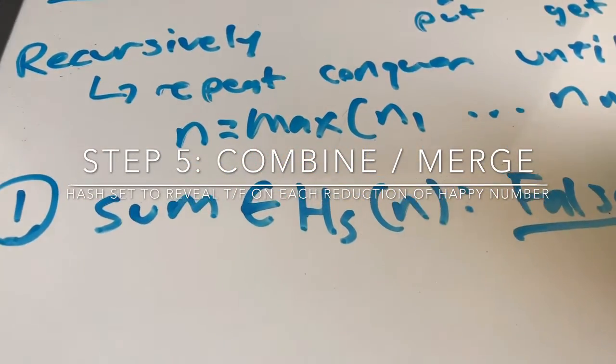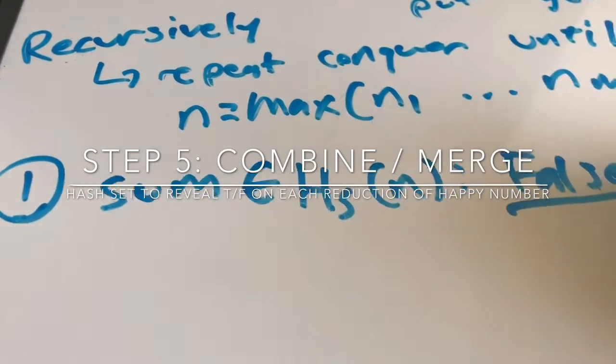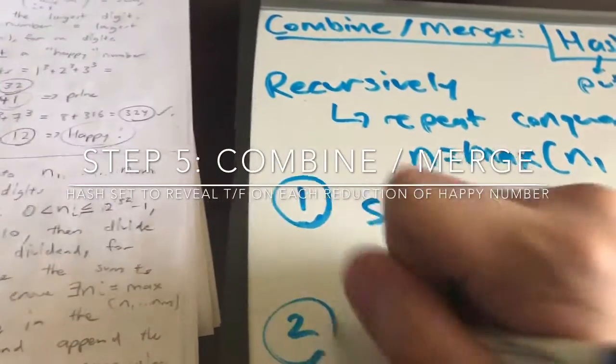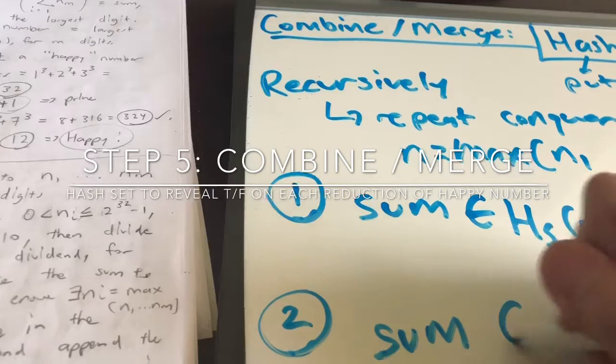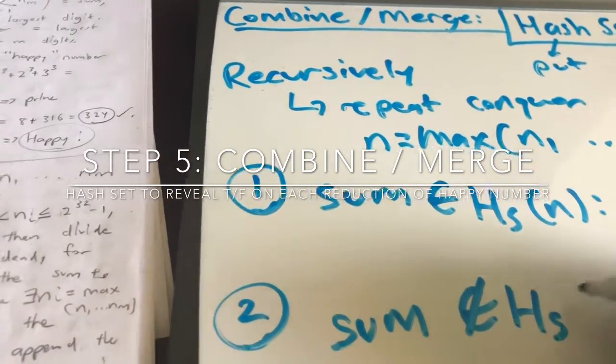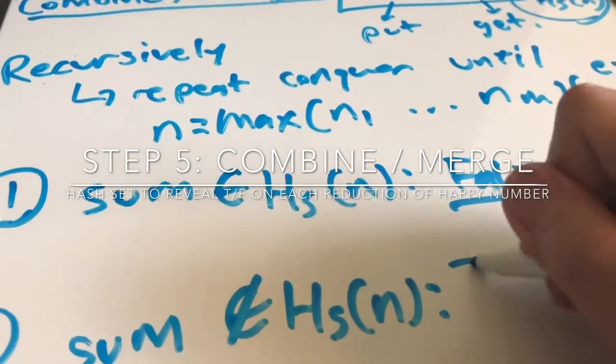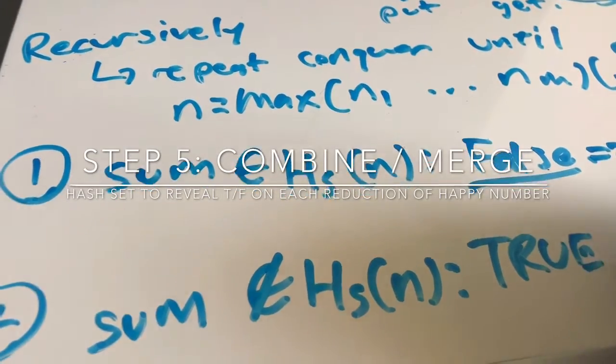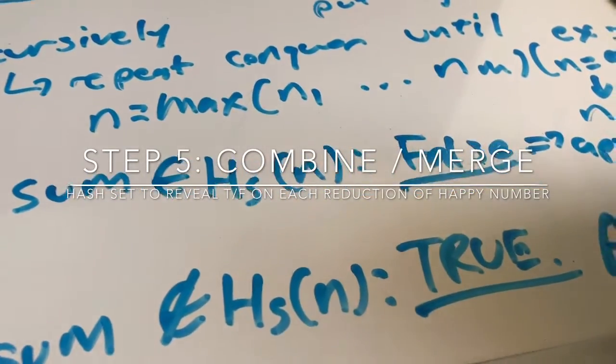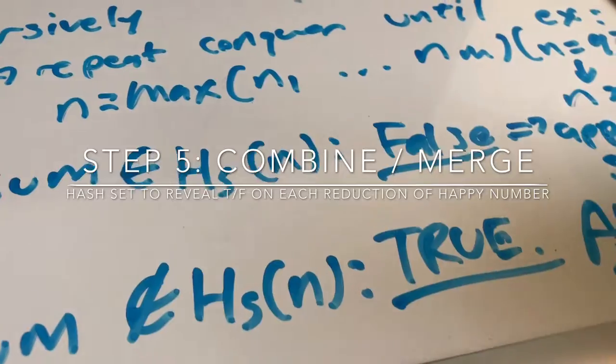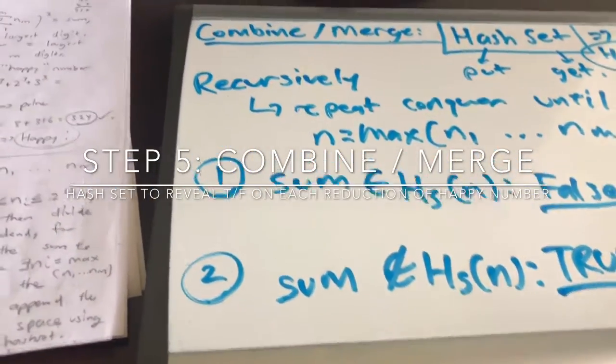So add the sum to the final array. However, if the sum is not yet in the hash set hs of n, then it is true and you are done with the algorithm. That is how you combine and merge.